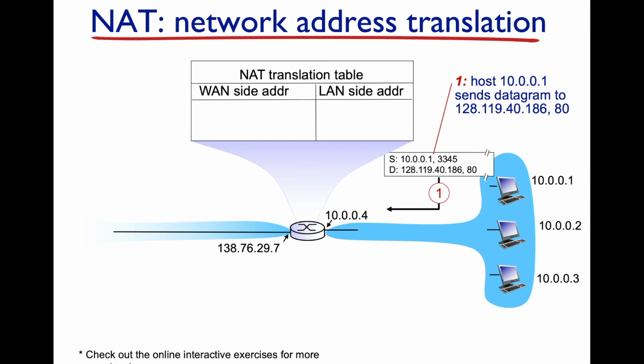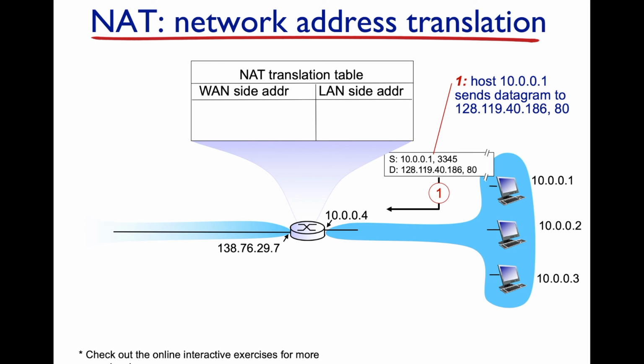It wants to send a datagram to a destination address of 128.119.40.186, port number 80. Port 80 means it's a web server. And it creates its own port number because you need port numbers for communication. Let's say this source machine at address 10.0.0.1 chose port number 3345, so-called ephemeral ports, short-lived ports, which are created for you because every connection needs a port number as well.